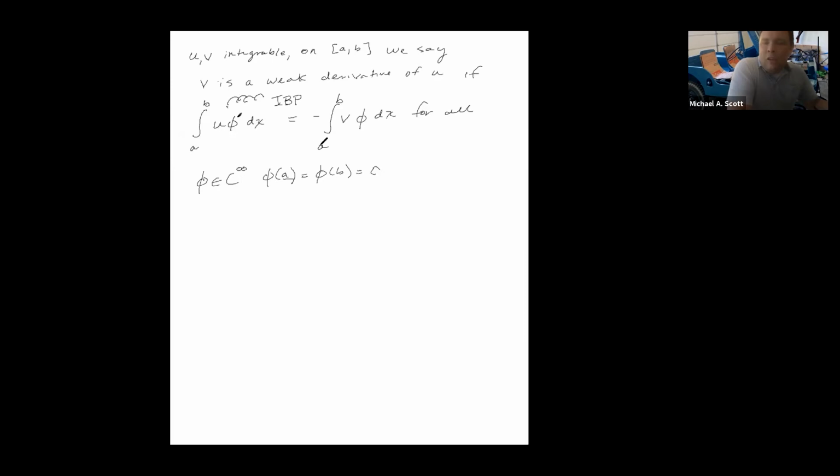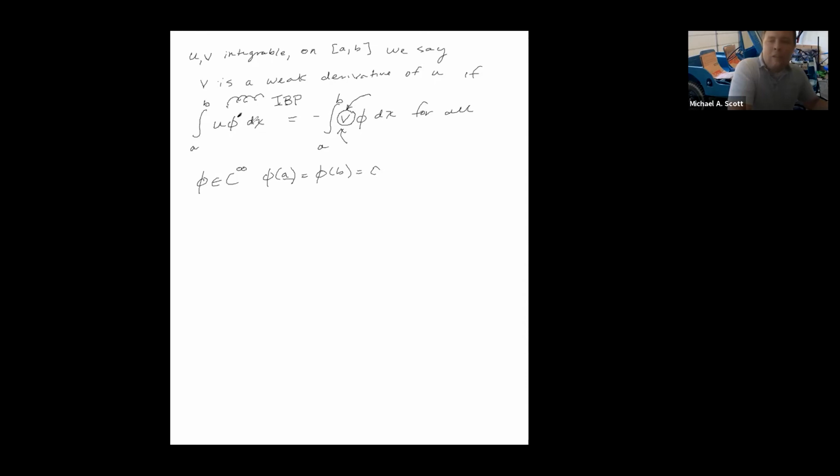And all of a sudden, we can pass the derivative off of phi and compute what v is under the integral. And then since this holds for an infinite number of test functions, we've actually reconstructed the weak derivative of u.